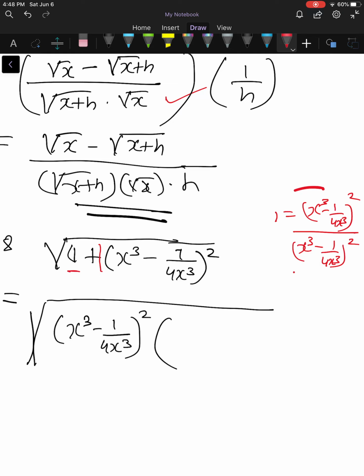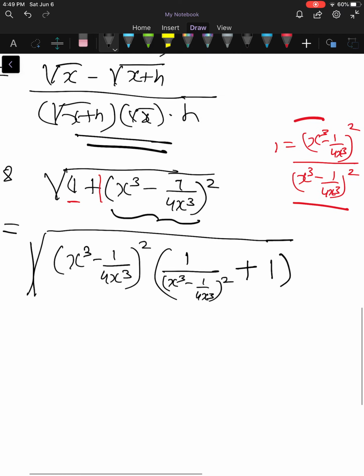So if you take this numerator common, you are left with 1 over (x³ - 1/(4x³))² inside. That's what is left inside this. So (x³ - 1/(4x³))² plus, this is taken out, so you just have 1 there.